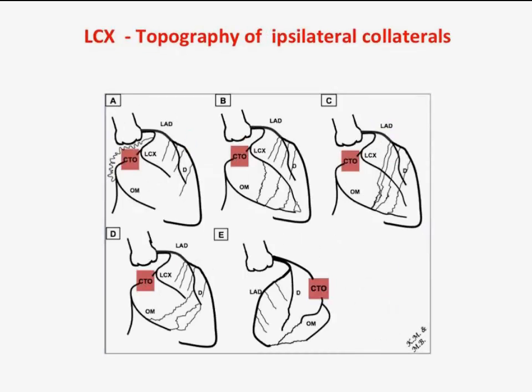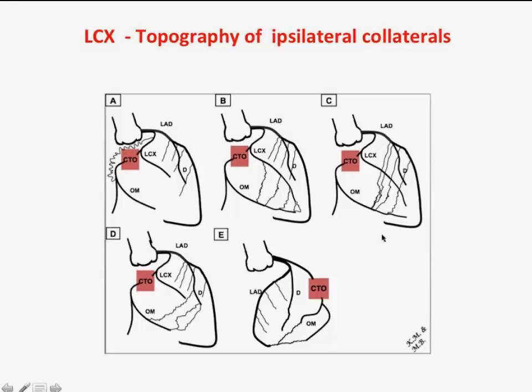And regarding the circumflex, what we have seen is that there are sometimes bridging collaterals from the proximal part over epimyocardials to the marginal branch, sometimes also like cubital arteries, very tortuous, but sometimes they are also good for passing. And the type B is from the first marginal to the distal circumflex.